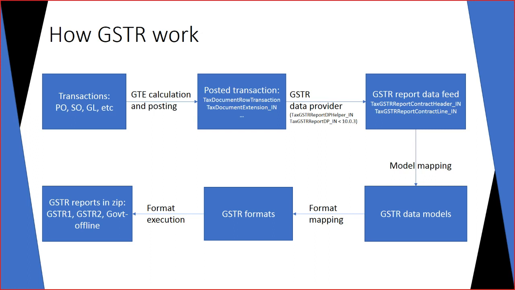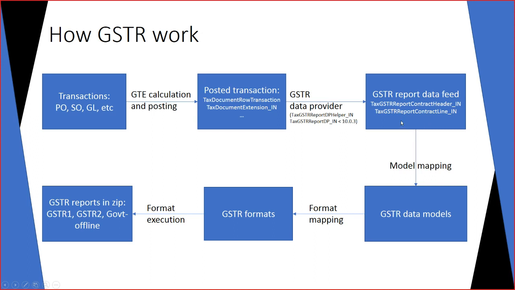So if you are doing extension, we recommend that you go to this one. While if you are still on the oldest version, then the older class will be the right one to dig into or to extend. However, when you move to a higher version, you will need to move your customization from the older data provider to the new data provider.